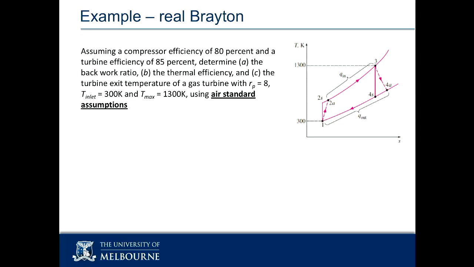If I have a real compressor and a real turbine, as opposed to an ideal compressor and an ideal turbine, the real compressor will have some friction, have some losses, and have some heat transfer, and as a result, I will increase in entropy a little bit during that process. So the real process is no longer an isentropic process, which means I have no magic equations for it.